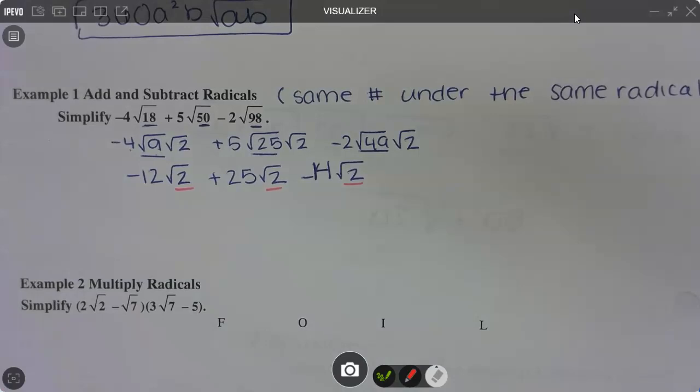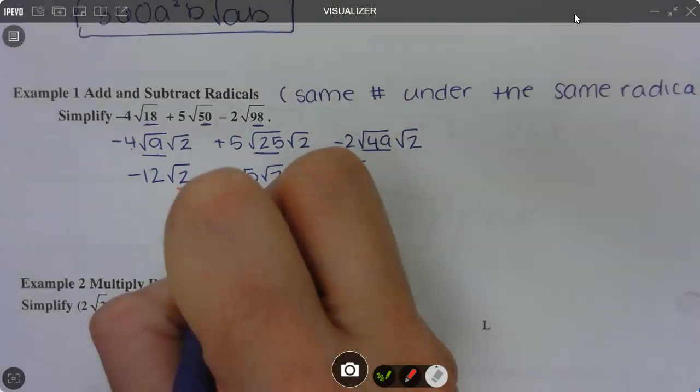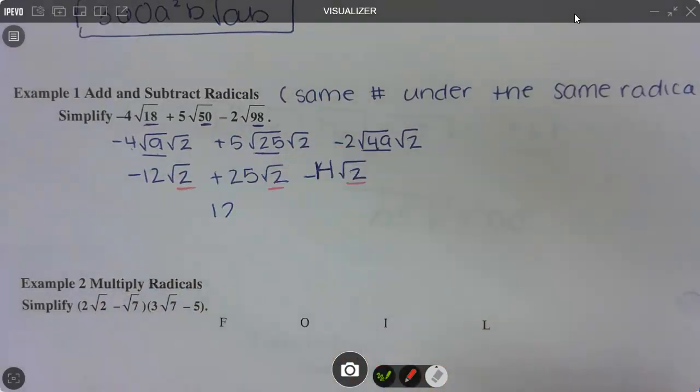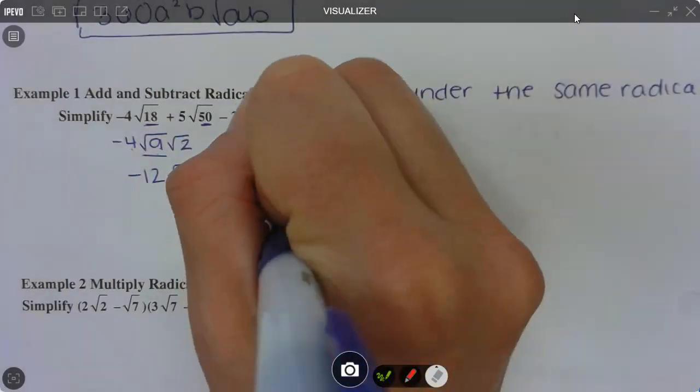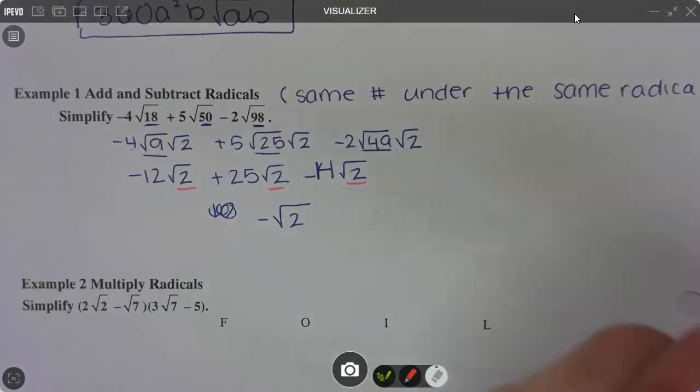So we're going to do -12 plus 25 plus, and we got negative 1 square roots of 2.